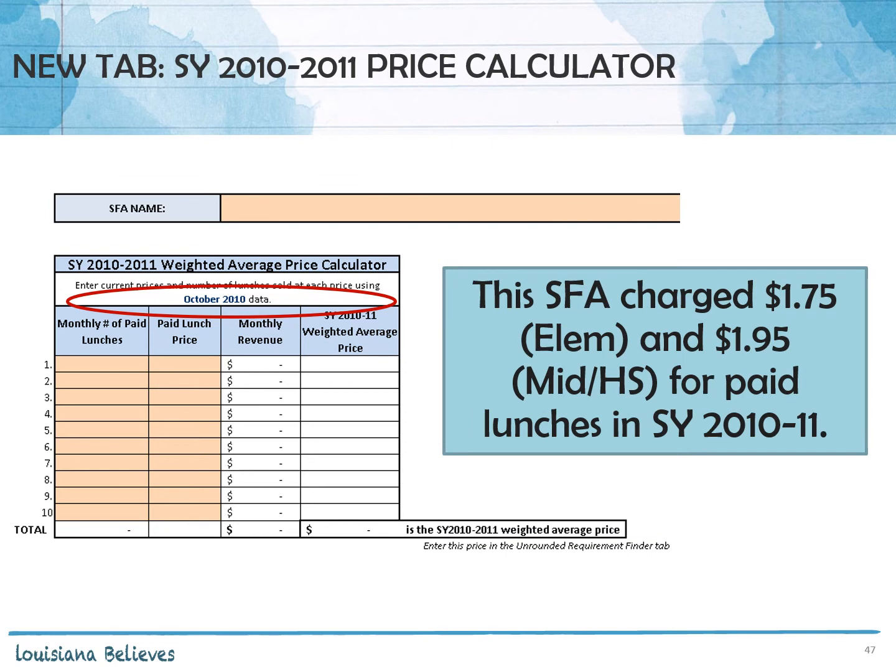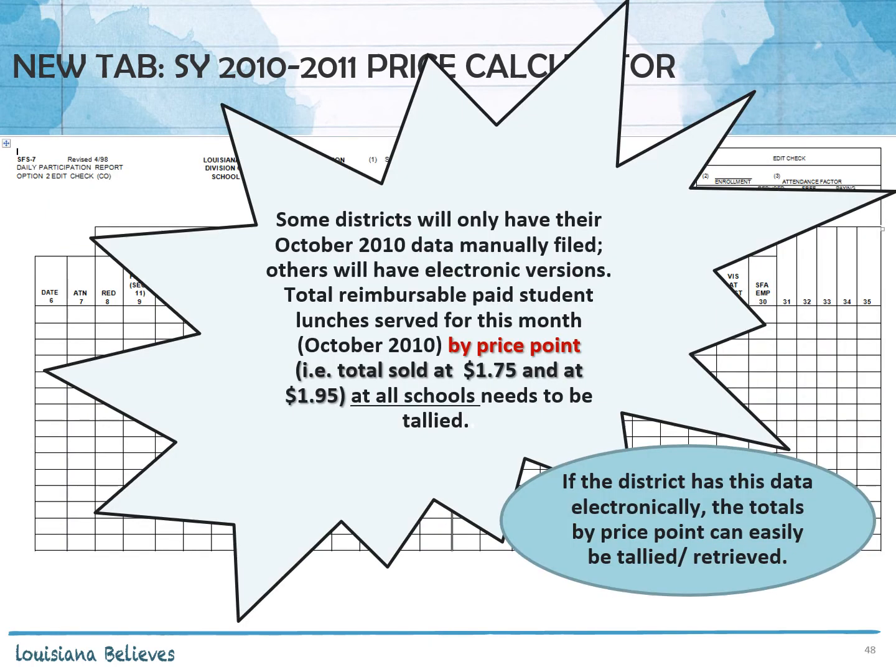In school year 2010-2011, this SFA charged $1.75 for elementary students and $1.95 for middle and high school students for paid lunches. The SFA will need to pull their SFS 7 participation reports. Some districts will only have their October 2010 data manually filed, and others will have electronic versions.